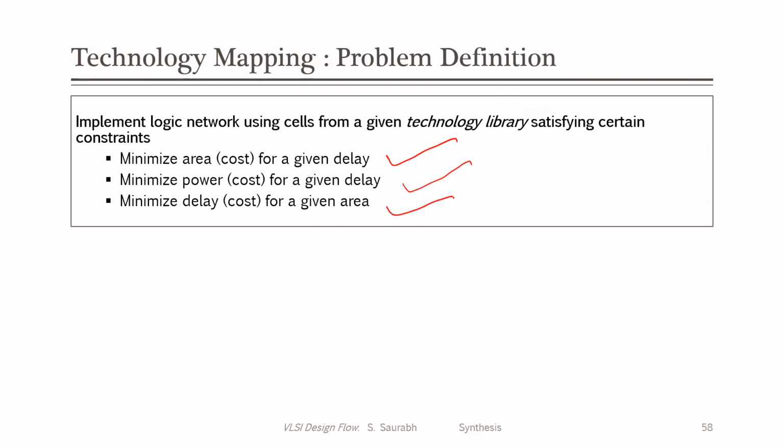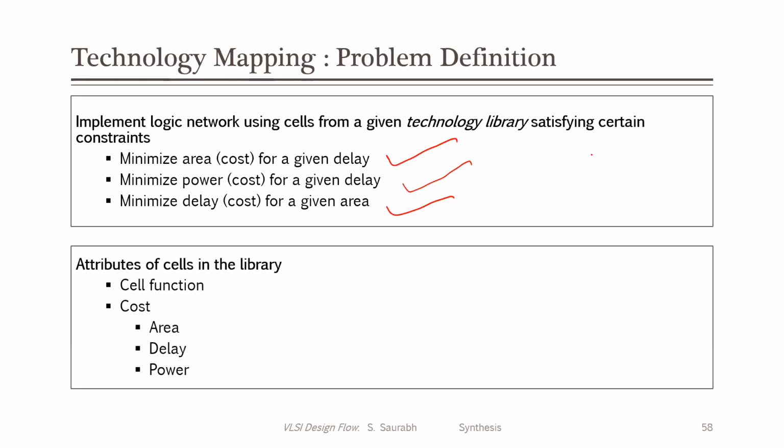As a designer, you can give various options to the technology mapper, that what level of effort it needs to make, whether it needs to optimize for area, optimize for timing, or various other attributes, right? So a designer has some control over how the synthesis tool will do the mapping.